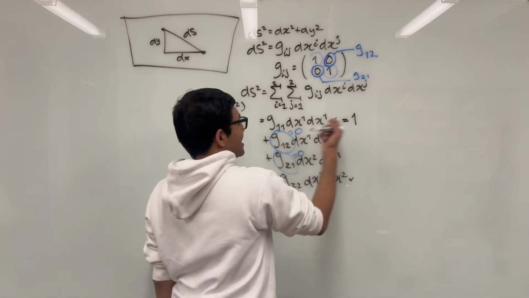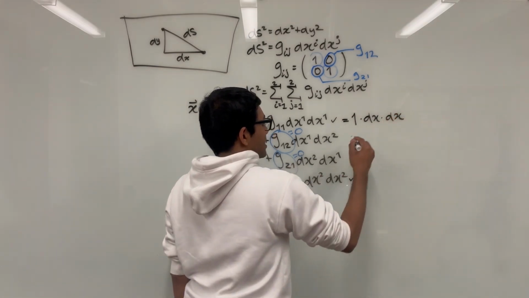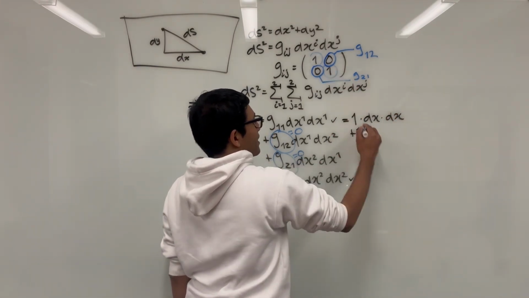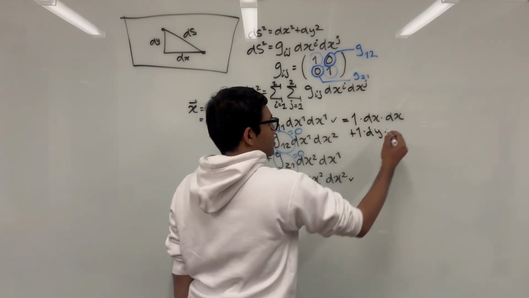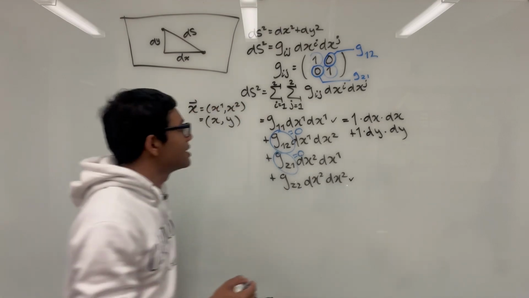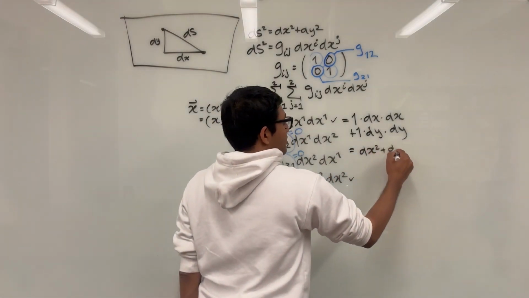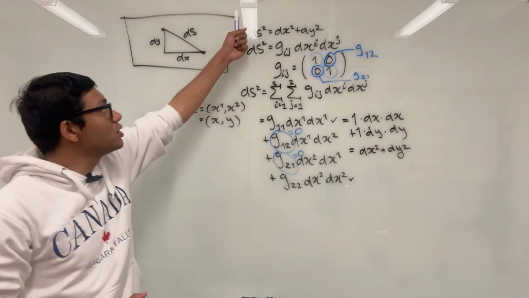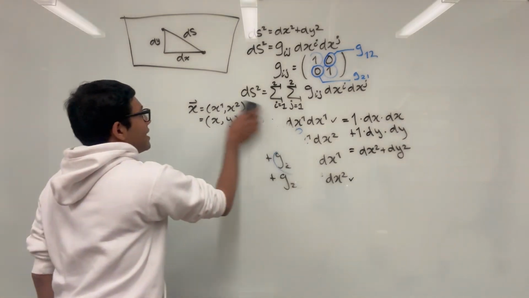So g_11 times dx^1 is dx, dx^1 is dx, plus g_22 is also 1, times dx^2 is dy, and dx^2 is also dy. And so you can see that ds squared is really just dx squared plus dy squared. And so you can see that these two are just two sides of the same coin. A rose is still a rose by any other name.